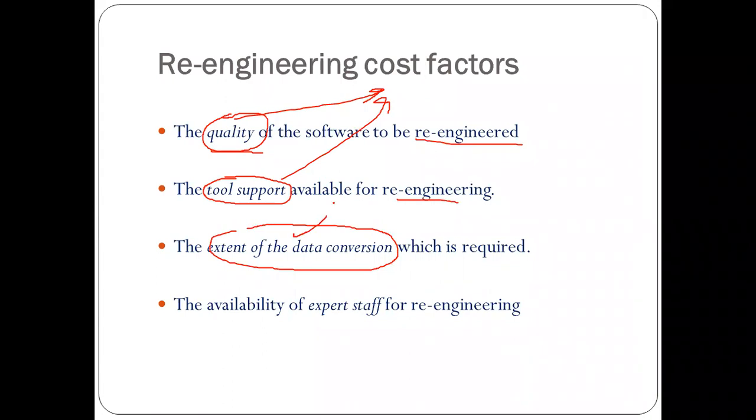And the availability of expert staff is obviously also a cost factor. So all these: quality, tool support, extent of data conversion, and expert staff are the factors which are going to impact the cost of the re-engineered software.